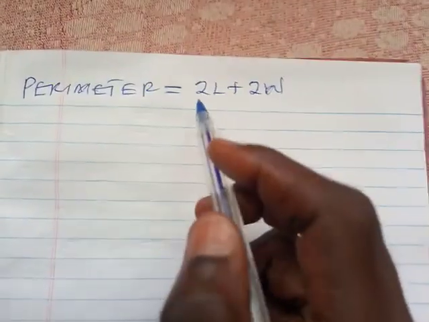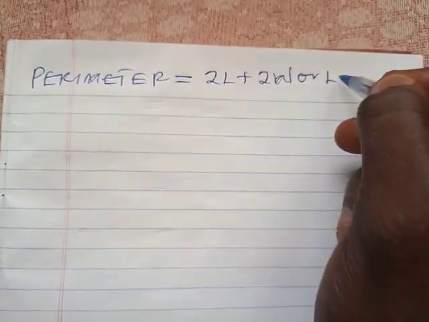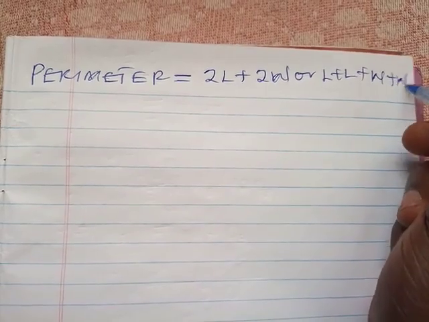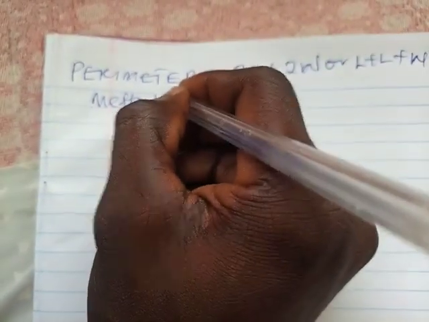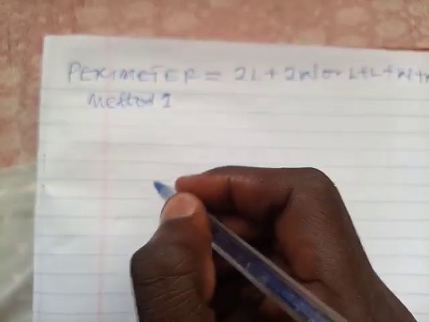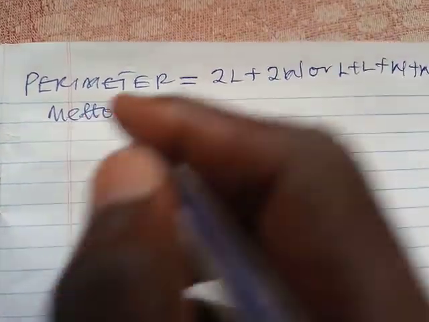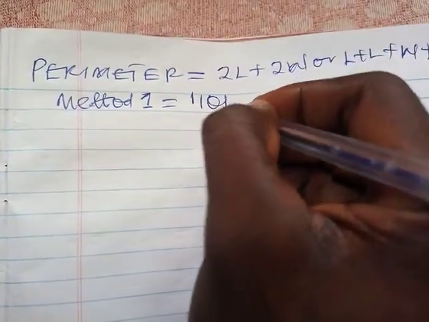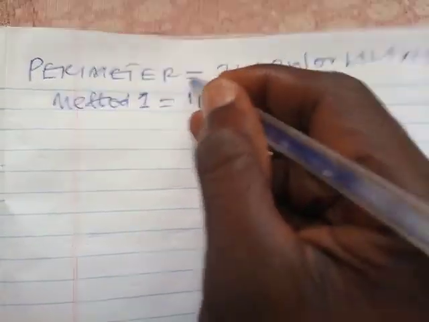Now the perimeter of the rectangle is given as 2L plus 2W, or you say L plus L plus W plus W. Now let's consider this first method. Let's call this method 1. So in the first method, the length is given as 1101 base 2 plus 1101 base 2.